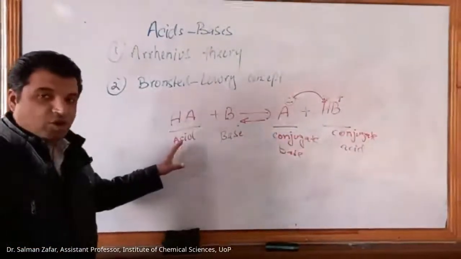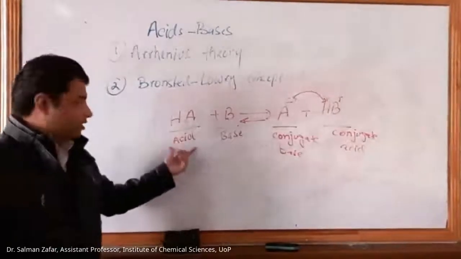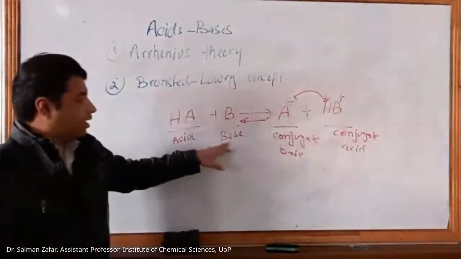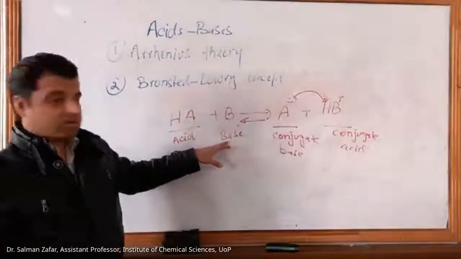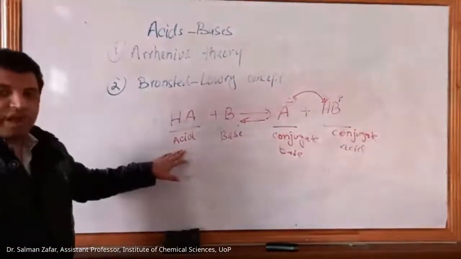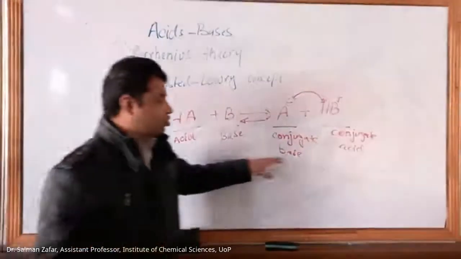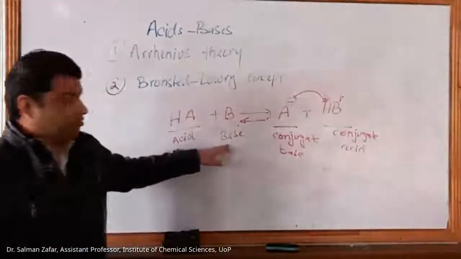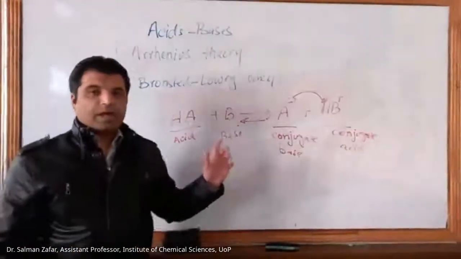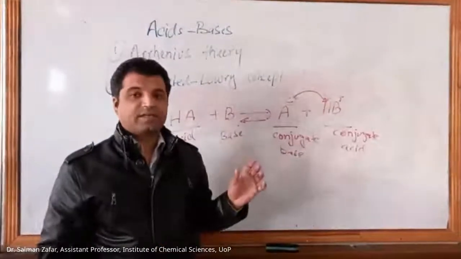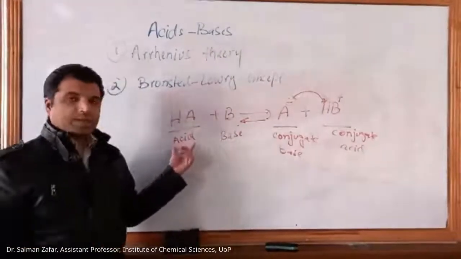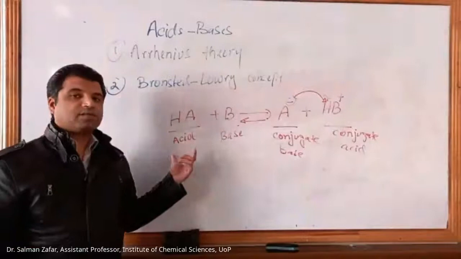If the acid is strong, generally we say the conjugate base would be weak, and if the base is strong, the conjugate acid would be weak. On the other hand, if we have a weak acid, its conjugate base would be strong, and if we have a weak base, its conjugate acid would be strong. So, according to this concept, acid is anything that can liberate hydrogen ions or donate hydrogen ions. So, any species that can happily donate hydrogen ions is an acid.